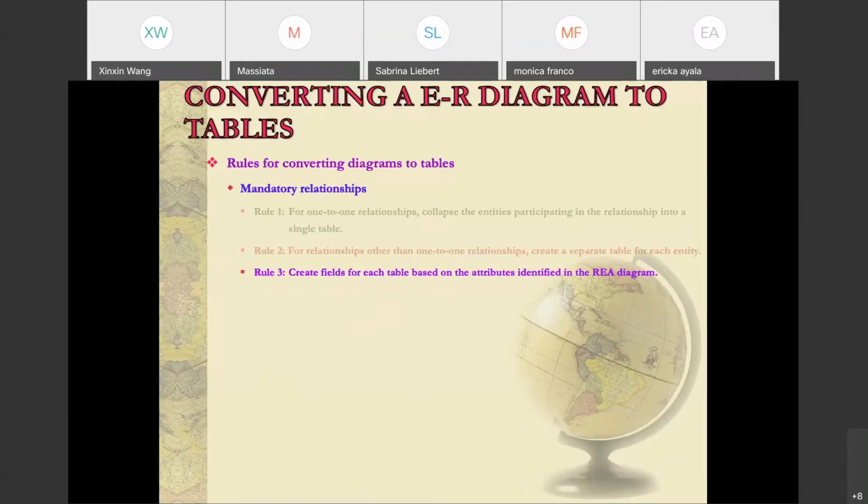Rule number three, create fields for each table based on the attributes identified in the REA diagram.